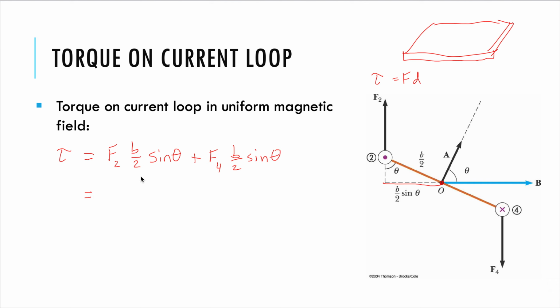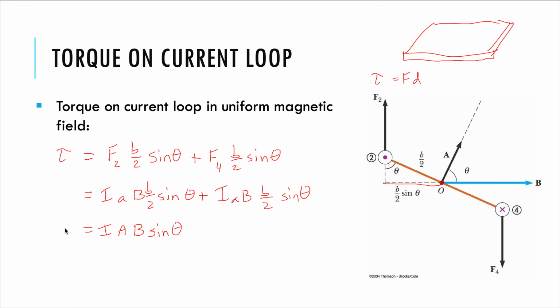So when we do this, we're going to get I A B for the force, right, times b over 2 sine theta, plus I A B times b over 2 sine theta. And now we can go ahead and combine all of these terms and simplify the A times the B as the area, like we did in the previous slide. And we're going to get I A B sine theta.